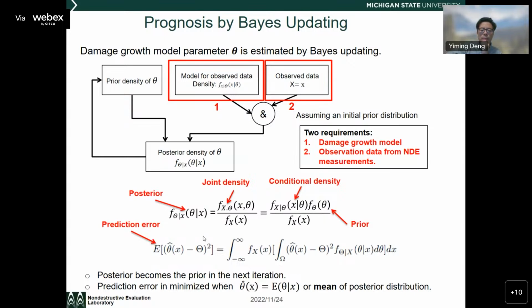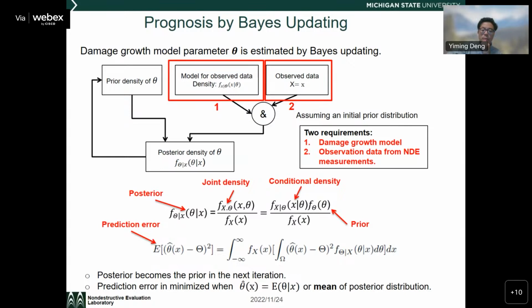So what we are doing here in the Bayesian updating is every step when we have the posterior probability updated, which is a probability of theta, right? Given the new data x, every time we have a new NDE measurement.